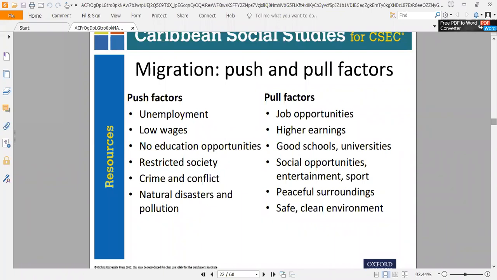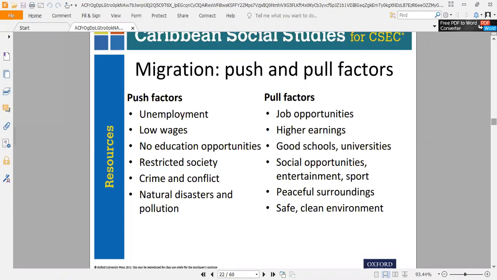And based on that, we are looking at migration as when people move within a country or between countries.